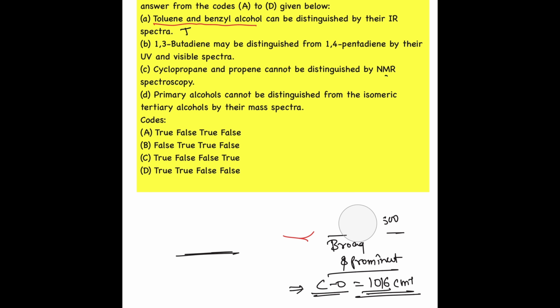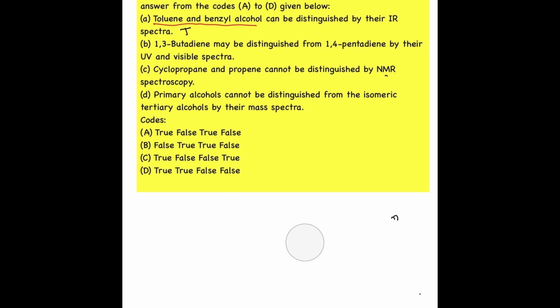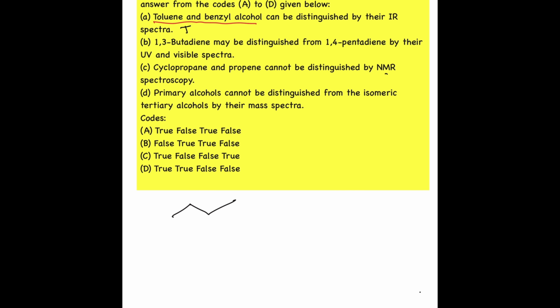Number two, that 1,3-butadiene may be distinguished from 1,4-pentadiene by their UV visible spectra. Let's see. That is the structure of 1,3-butadiene, and that is the structure of 1,4-pentadiene. UV spectroscopy is basically used to find out conjugation, right? Here there is a clear conjugation, while in the compound B, 1,4-pentadiene, there is a disruption of conjugation by the CH2 carbon.